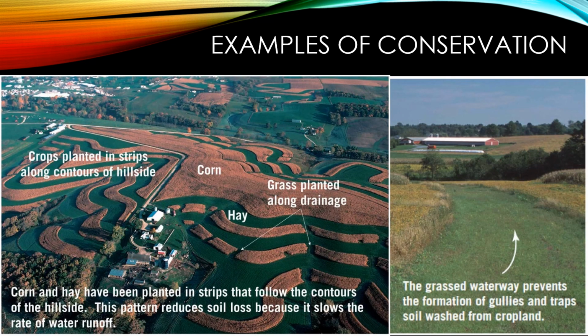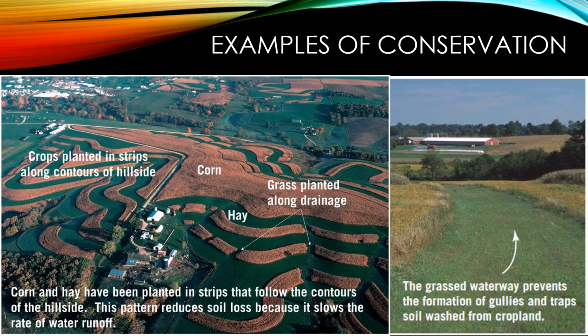However, there are ways that one can farm or ranch in a more conservative way to protect soils. So a couple different ways, just quick examples, are in this photograph on the left.